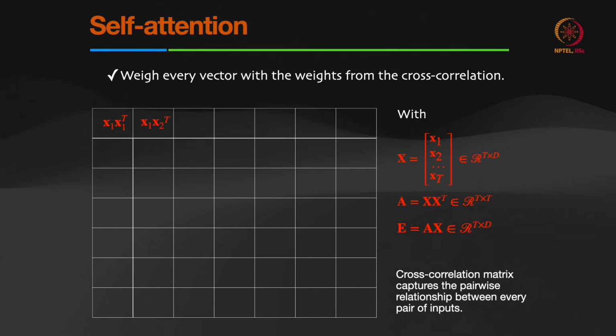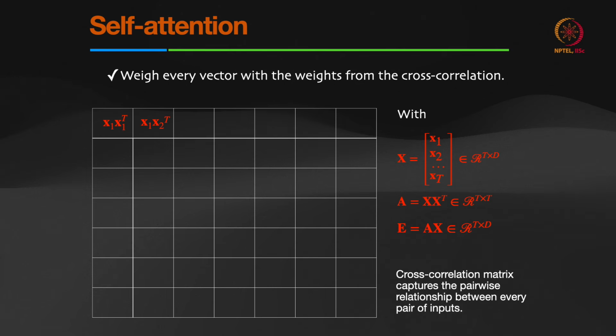So when I want to form the new embedding post the transformation, I want to add to x1 some portion of x2 as well, and how much portion of x2 is going to be decided by this similarity between 1 and 2. So if I now start building the next embedding, it is going to have some dependency, some portion of x2 also coming in, some portion of x3 also coming in.